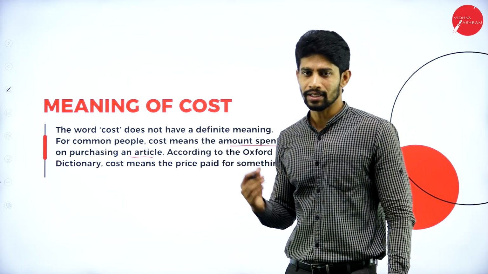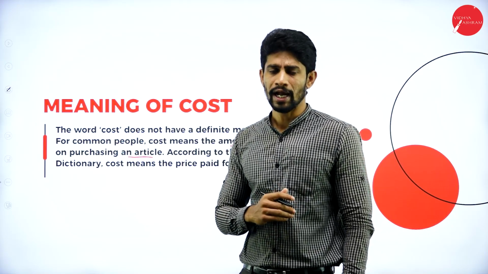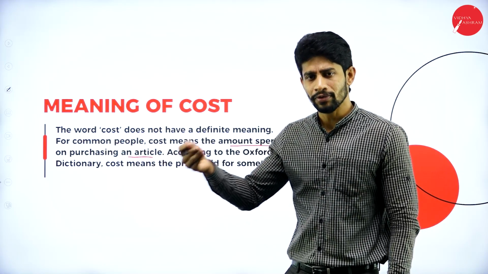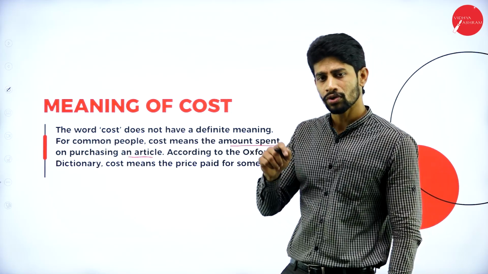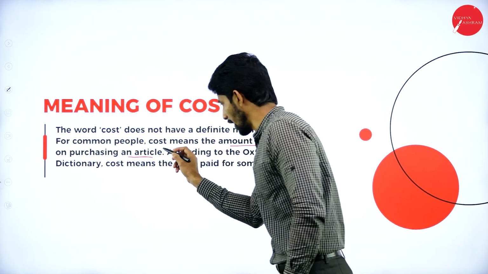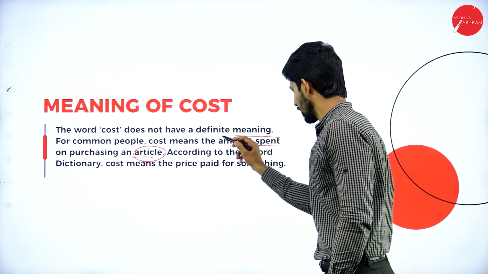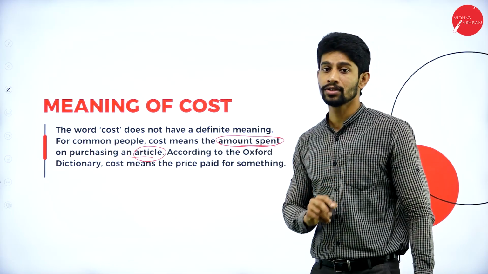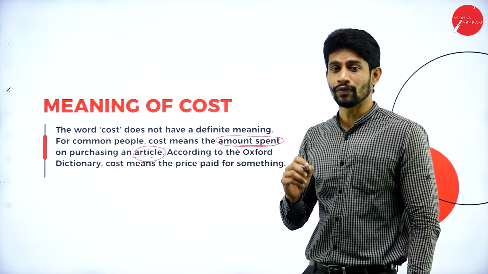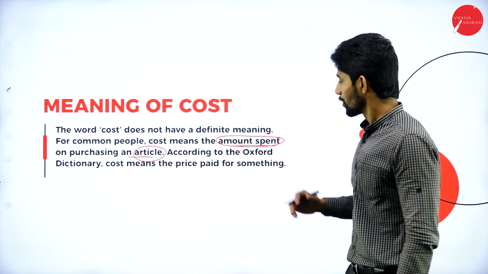If you are purchasing a toothbrush, you go to a shopkeeper and you pay him 20 rupees and you purchase the toothbrush. So toothbrush is an article, a product, and you are spending 20 rupees to purchase it.